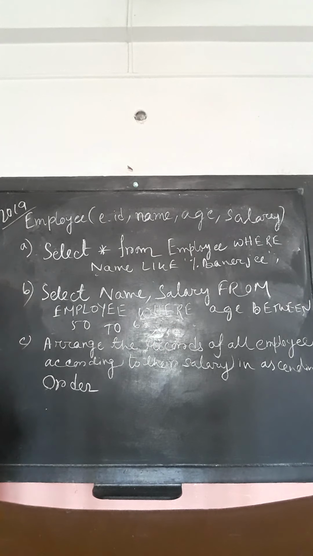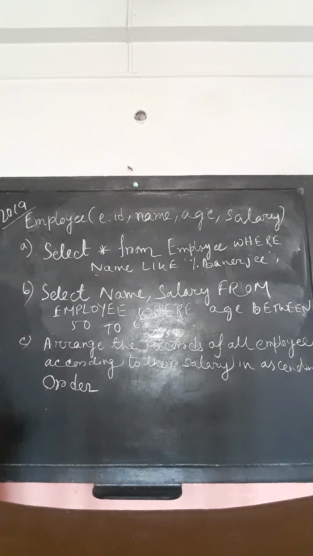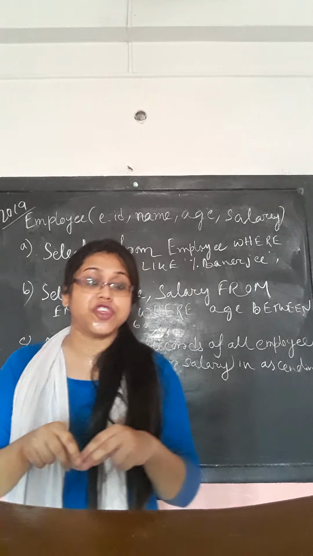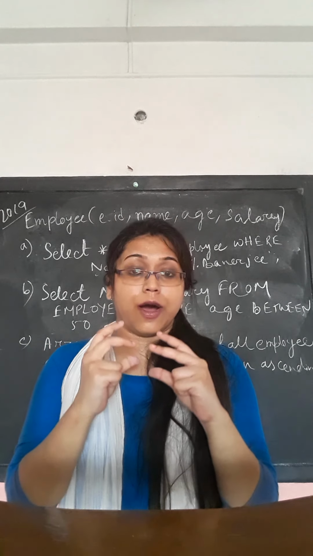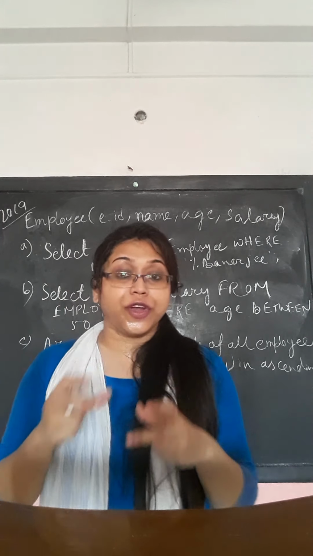Now the third question is: arrange the records of all employees according to their salary. So you have to arrange the records of employees according to their salary in ascending order. In this question you have to use the order by clause.